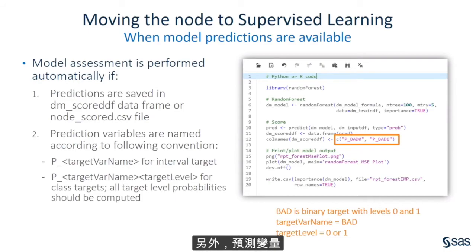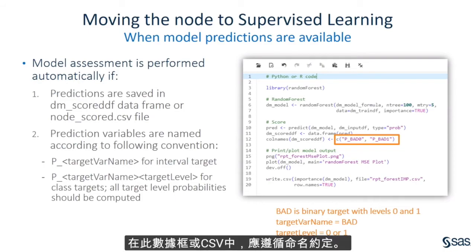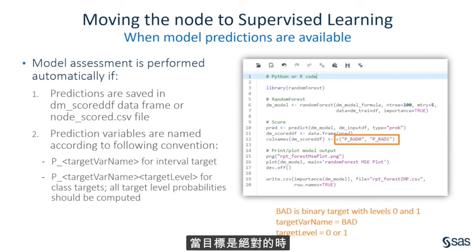In addition, the prediction variables in this data frame or CSV should follow a naming convention. When the target is interval, the prediction variable should be named P_ followed by the target variable name, and when the target is categorical, the posterior probabilities for every level of the target should be generated with the naming convention P_ followed by the target variable name and then the corresponding target level.